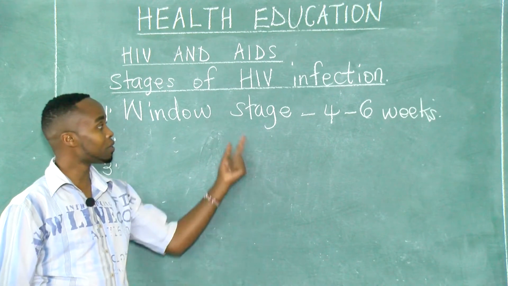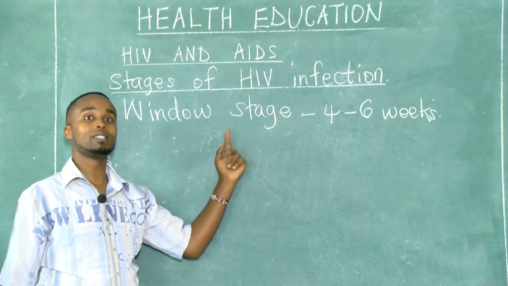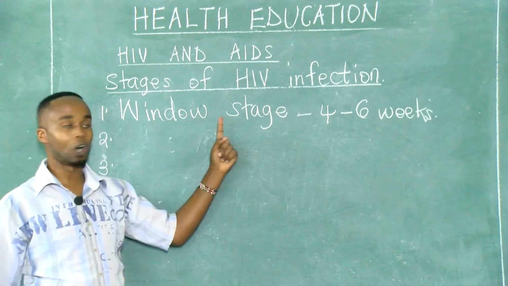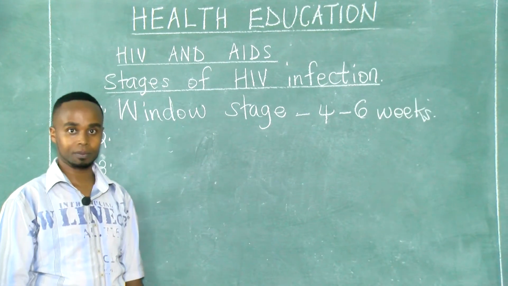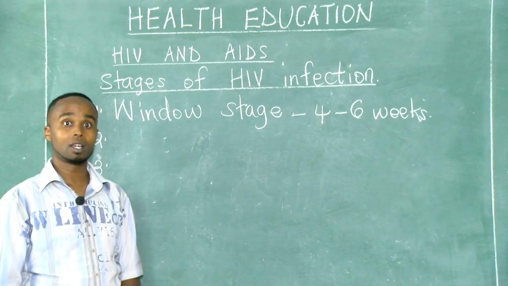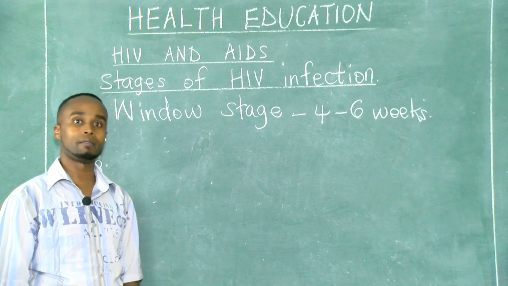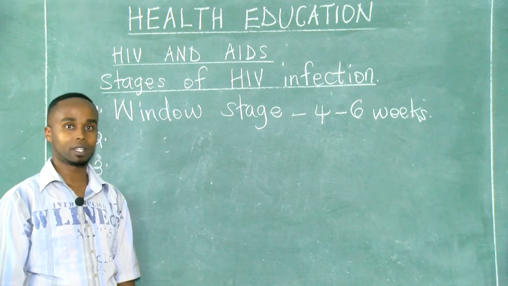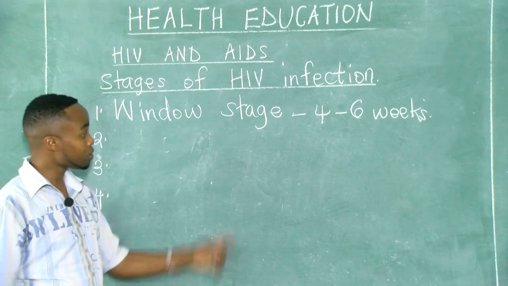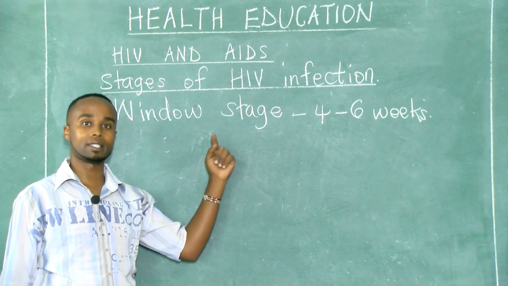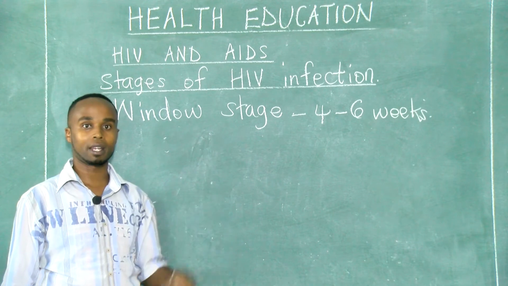That is why we say this is the most dangerous stage, because an infected person can easily transmit or spread the virus without knowing, since even if they go for a test, the results will always be negative.